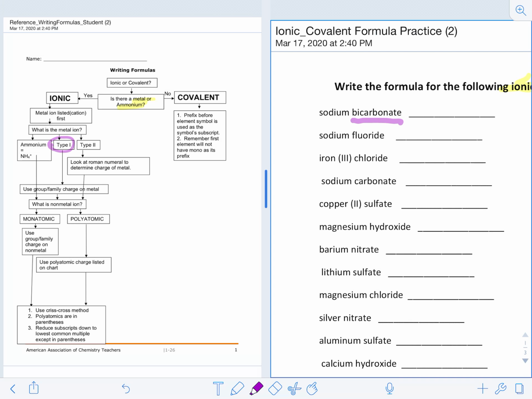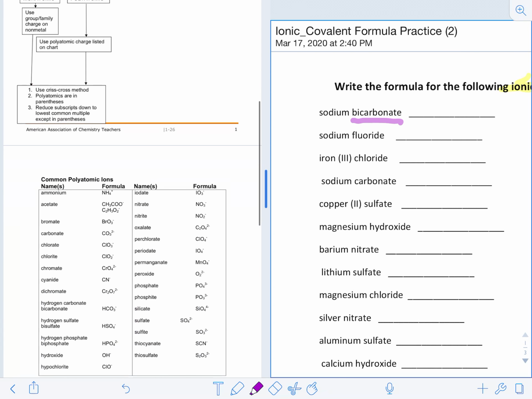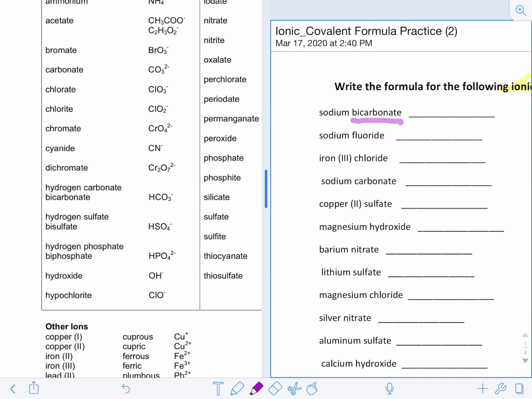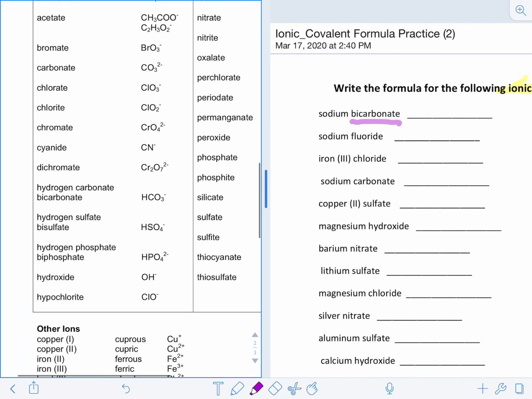So we need to look at a chart to figure out whether or not this is polyatomic. If you look at the polyatomic ion chart, bicarbonate is there. So that's a clue that we are not talking about a nonmetal by itself. We're talking about a polyatomic ion.